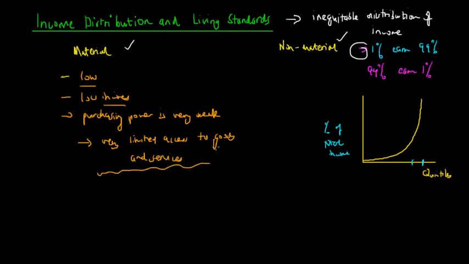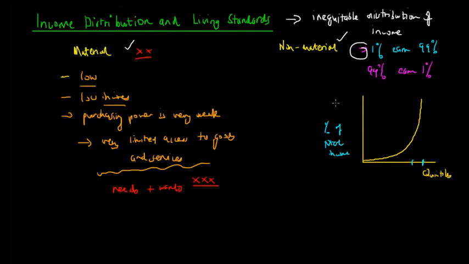So what this means is that they can't satisfy their needs and wants, I'm going to put 3 crosses there to signify that their needs and wants are not totally satisfied. And so although it is good for the 1%, the 99% will suffer poor material living standards as a result.